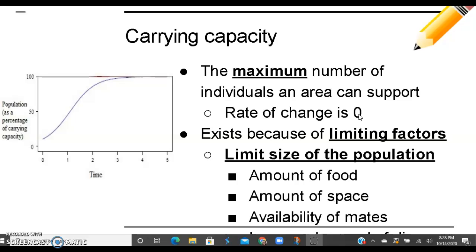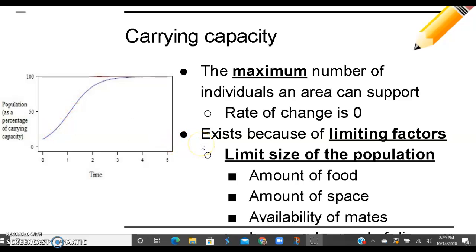If you look at a graph that shows what the population looks like at carrying capacity, you see that this curve is created. It increases really rapidly, and then it starts to flatten out as it reaches the carrying capacity.